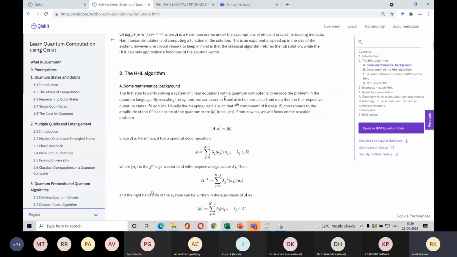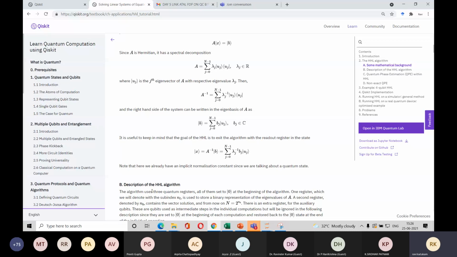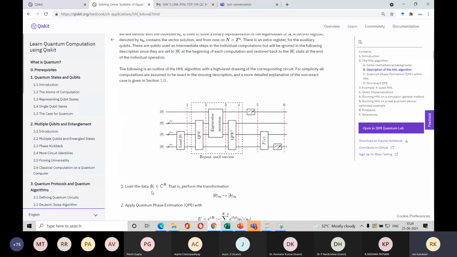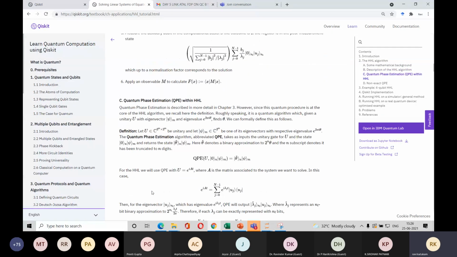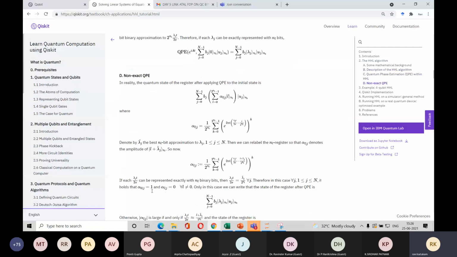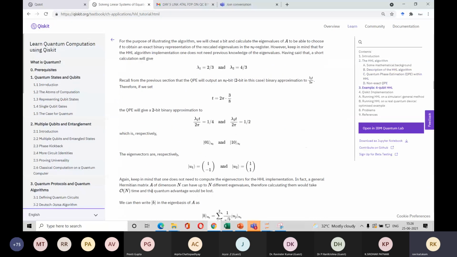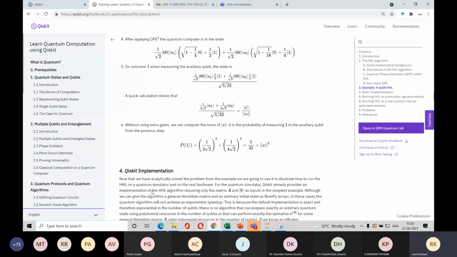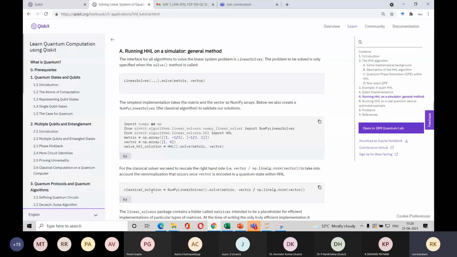There is a lot of mathematical explanation given here, but it tells us that a linear system of equations can be solved more quickly using a quantum computer. It uses quantum phase estimation, and a lot of mathematical concepts are behind this HHL algorithm, and you can try to solve it.